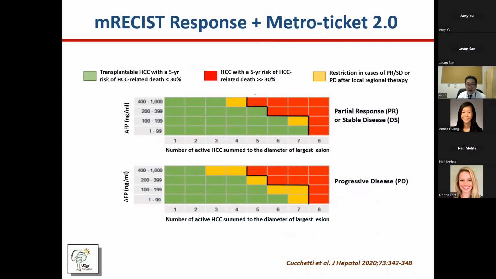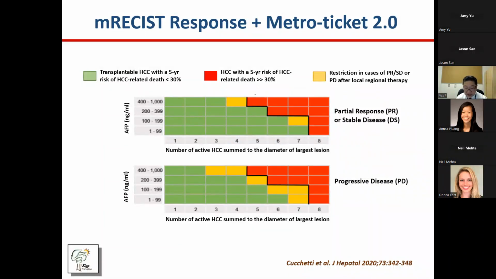This is an interesting study by Cocchetti from Italy. This is a little bit complicated, but I'll walk you through this. They look at response to local regional therapy based on the modified RECIST criteria. They suggest adding that response to local regional therapy to Metro Ticket's second version to further improve prognostication. The green bars represent those with transplantable HCC based on less than 30% risk of HCC-related mortality after liver transplantation.